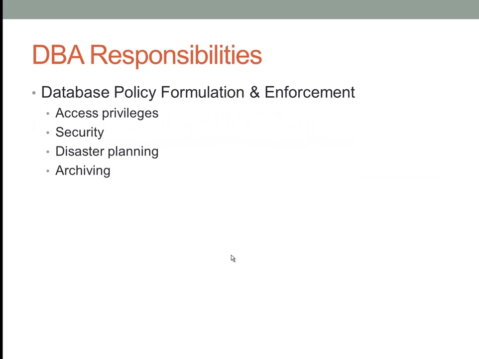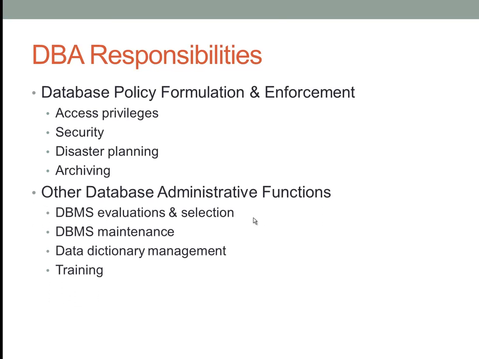This chapter goes over the role of a database administrator and starts off with Figure 8-1 on page 257, which summarizes some of the database administrator responsibilities. In the area of database policy formulation and enforcement, it discusses access privileges, security, disaster planning, and archiving.